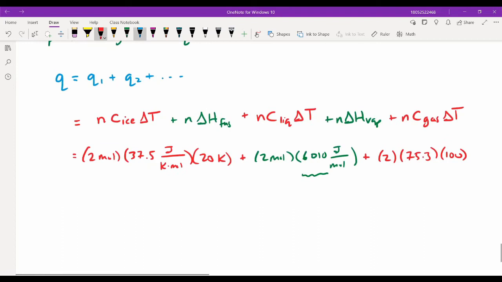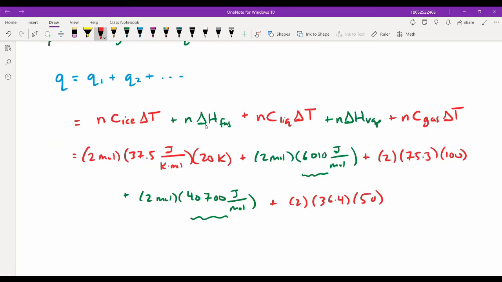And then we're going to have step 4, which would be 2 moles times the enthalpy of vaporization. Again, just multiplying that number by 1,000, so it's in joules instead of kilojoules. And then we have, lastly, 2 moles. Heat capacity of ice is 36.4 joules per mole per Kelvin, and that's a 50-degree change.